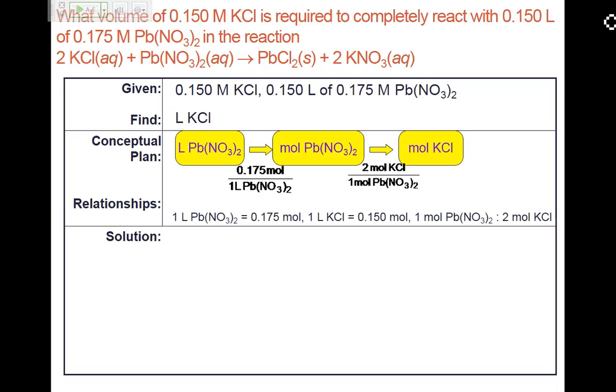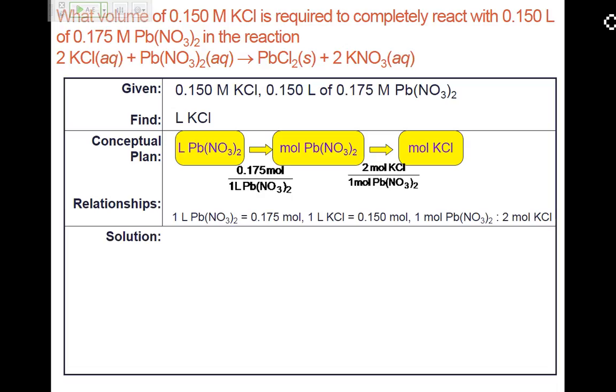And that'll tell me how many moles of KCl I need to react with the volume of this solution I'm using. Once I do that, then I just need to figure out how much of my other solution I need. Because my other solution tells me that for every 1 liter of KCl, I have 0.150 moles.